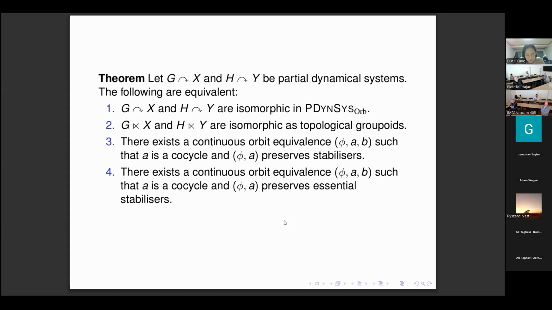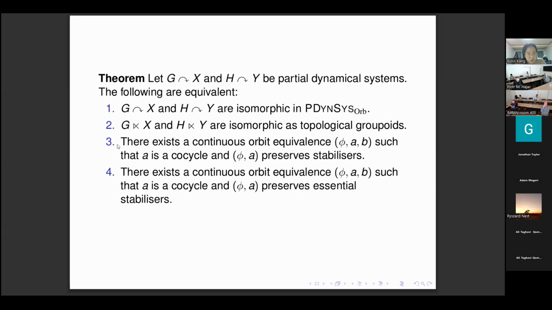Given two partial dynamical systems, the following are equivalent. The first one is that these two partial dynamical systems are isomorphic in the category of partial dynamical systems with orbimorphisms, and this is equivalent to the associated transformation groupoids being isomorphic as topological groupoids.